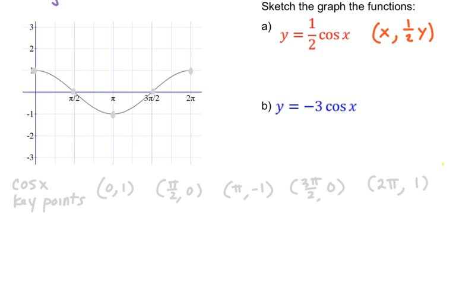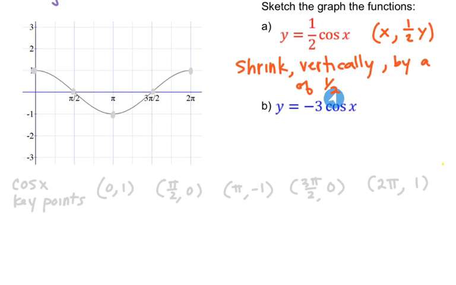So this 1/2 multiplied in there, that's going to cause the graph to shrink. It's going to shrink vertically, and it's going to shrink by a factor of 1/2. So notice I'm saying three things here. I'm saying what is happening, which direction, and how much.